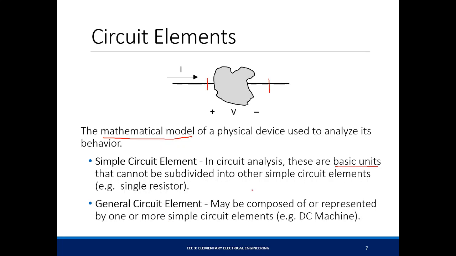A general circuit element is composed of or represented by one or more simple circuit elements. For example, a DC machine. We'll discuss more on that in a later lecture, so we'll focus more on the simple circuit element right here. Any element or any device can consume voltage and current will flow across it.